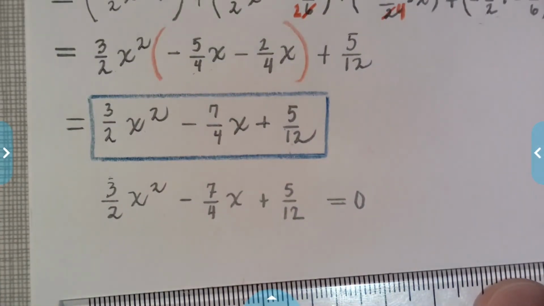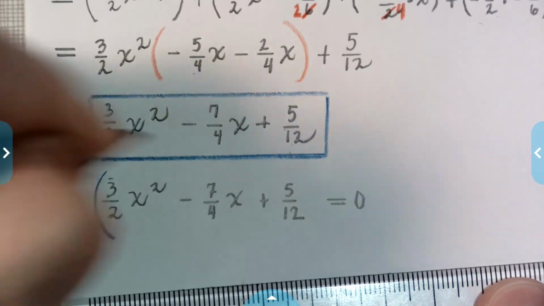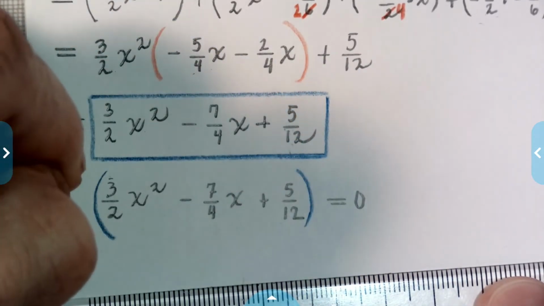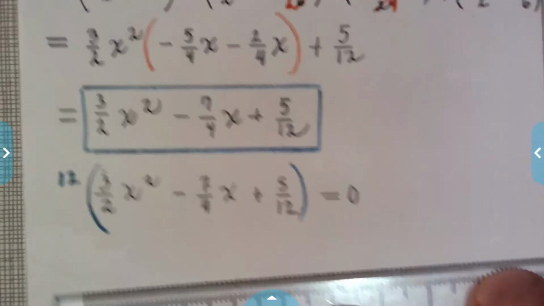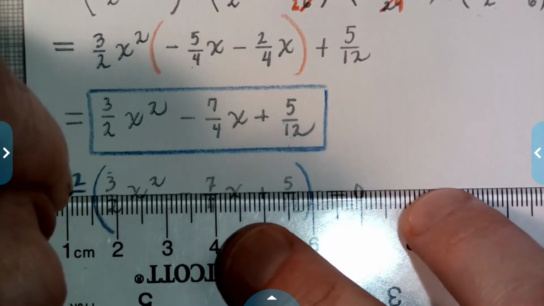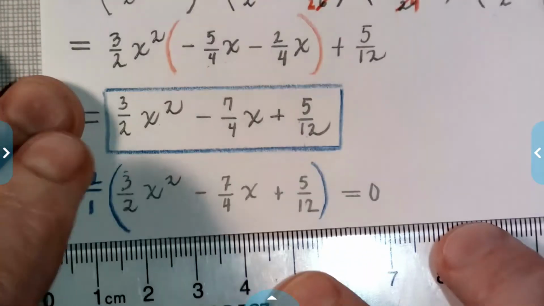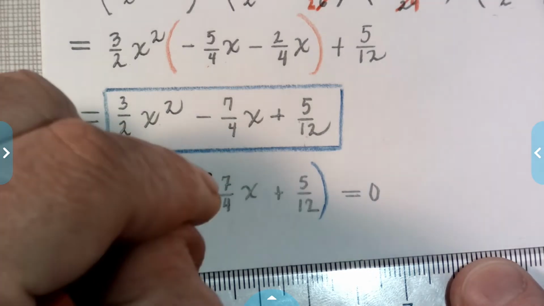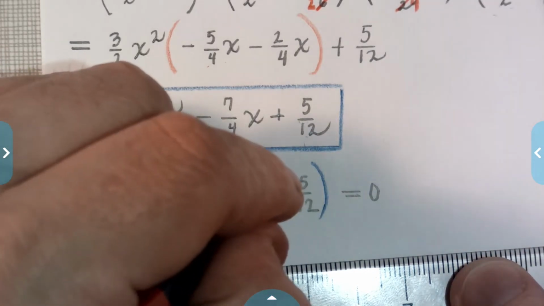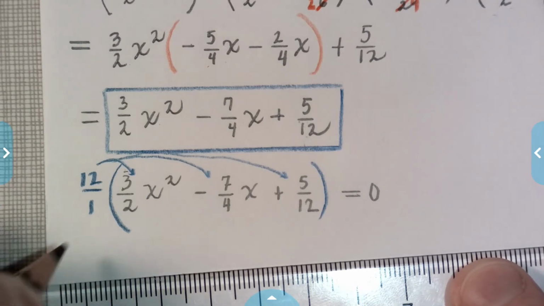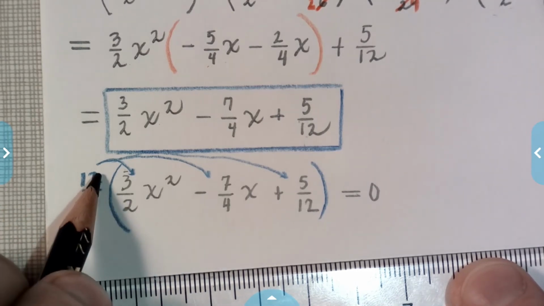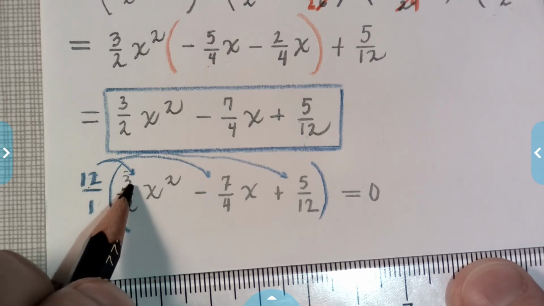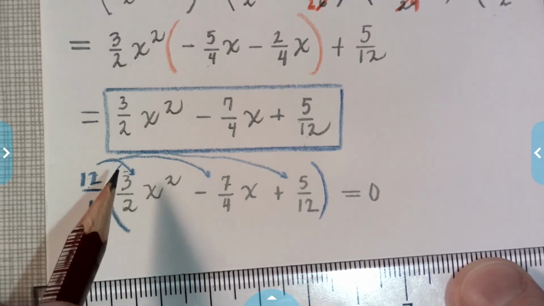Now what I would do is I would multiply the entire equation by 12. I would distribute that 12/1 to every term. And what happens is super cool.